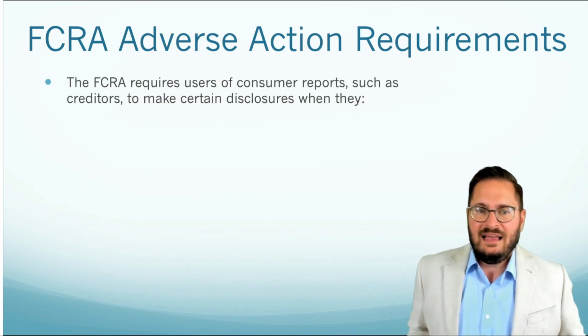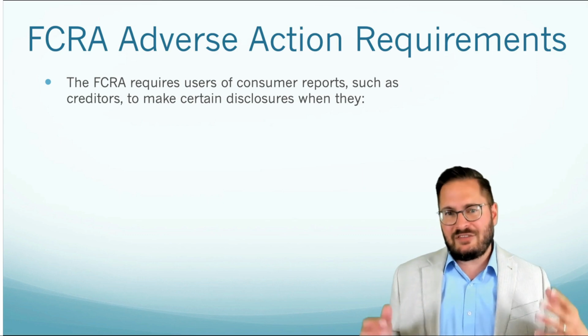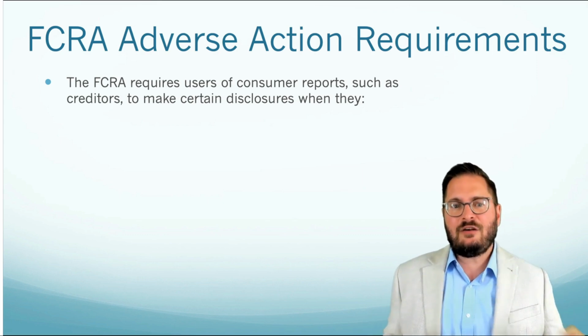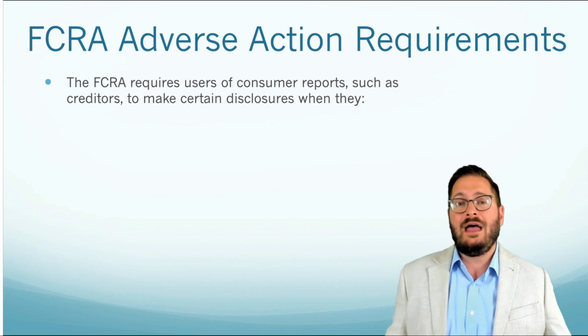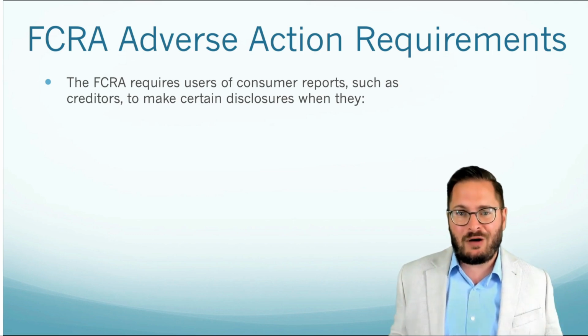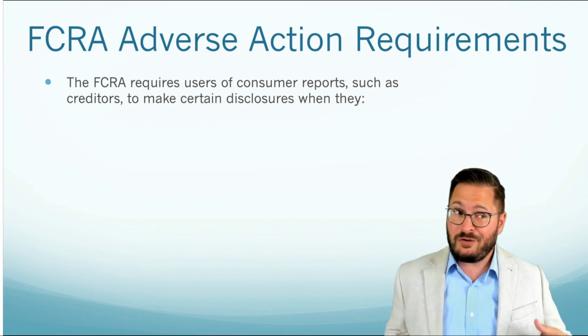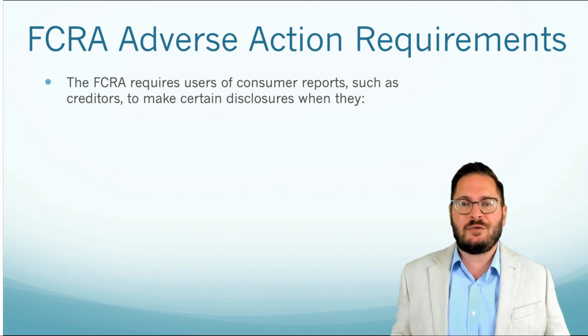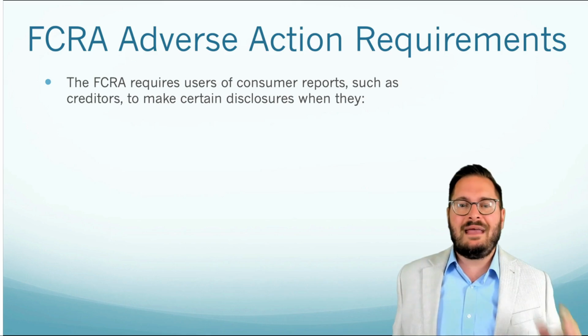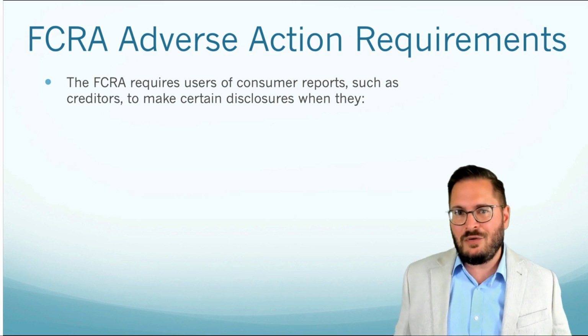Now, as far as when an adverse action notice is required, the Fair Credit Reporting Act requires users of consumer reports. So if you pull a credit report as part of your loan process or even part of your employment process, it requires users of consumer reports, such as creditors, to make certain disclosures when you do certain things.